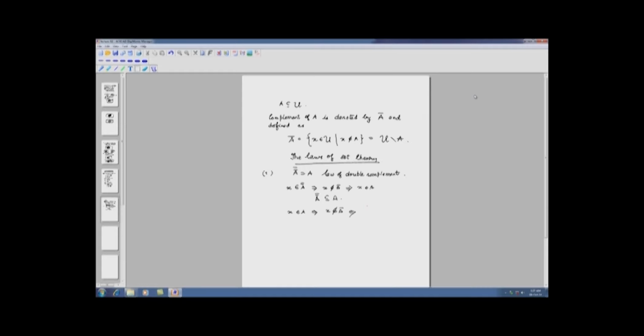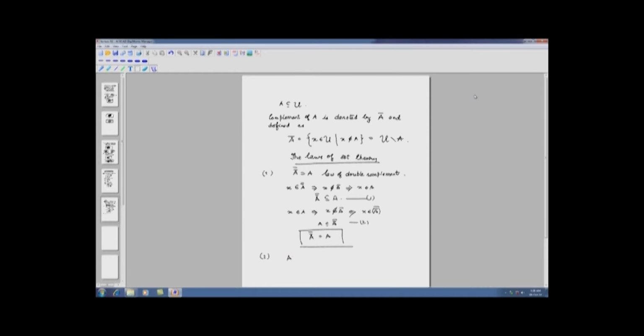Then I take the complement of that, and then x has to be inside the complement of A complement, and therefore, A must be a subset of (A complement) complement. Combining these two results, we see that (A complement) complement is equal to A, which is called the law of double complement.